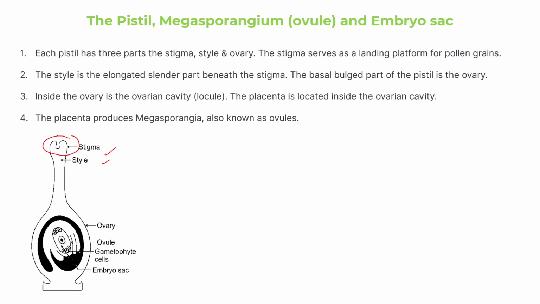Now, this stigma is a landing platform for pollen grains. So, for example, this is my stigma. The pollen grains will land here, but only the compatible one will be allowed. The male gametes of the compatible one will go inside through pollen tube formation.